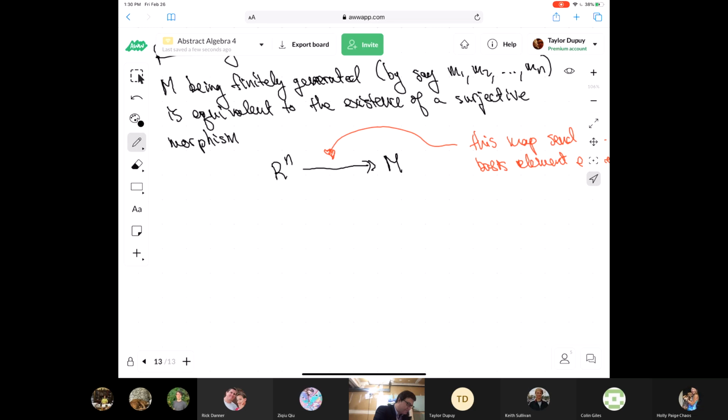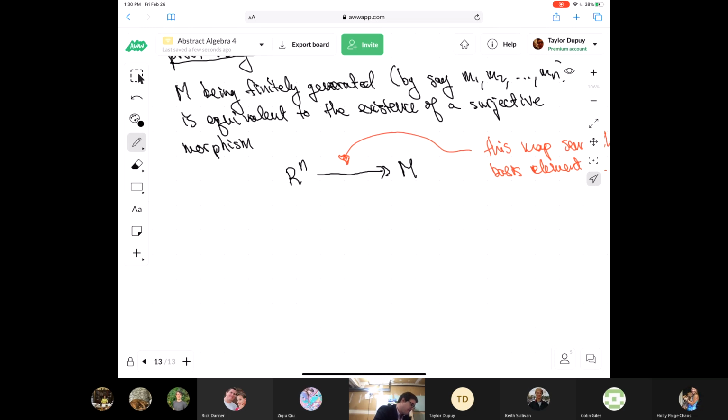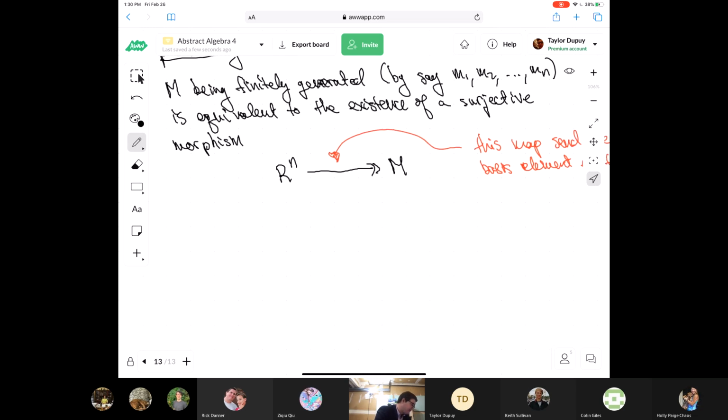Just because it's finitely generated does not mean that M looks like a direct sum. There are plenty of ideals generated by two elements that are not isomorphic to the ring itself. Since this is surjective, what does this mean?